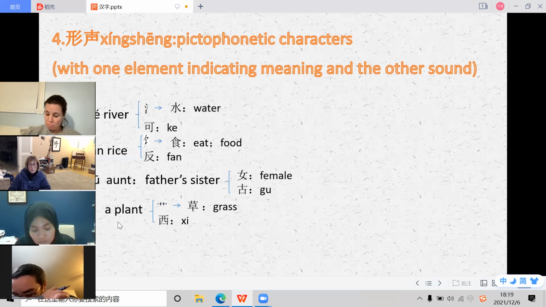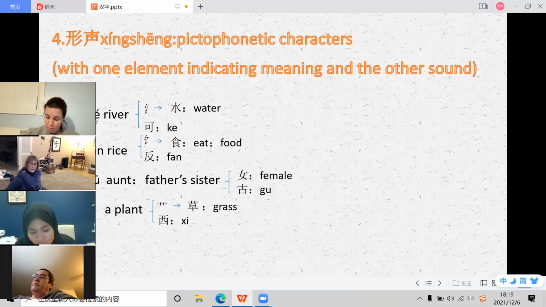And some maybe their tones are different. For example, this is the third tone, gu, but this is the first tone, gu, and this ke is different in its initials.